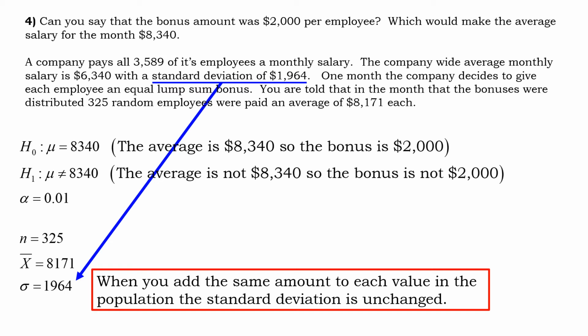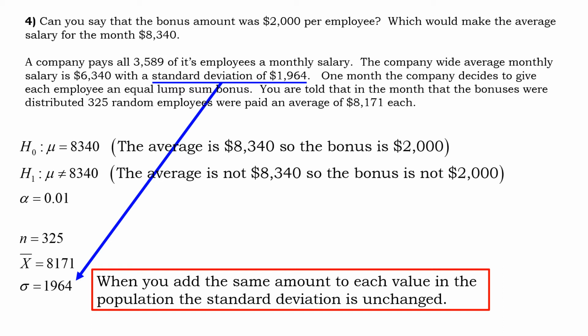Okay, so understand, this really is a rare situation. We know sigma. Sigma by definition is the average distance from mu, the population mean. We don't know the value of the population mean because we don't know what the bonus was. So this is a scenario where we're saying we know the average distance between the individual paychecks and the unknown average paycheck.